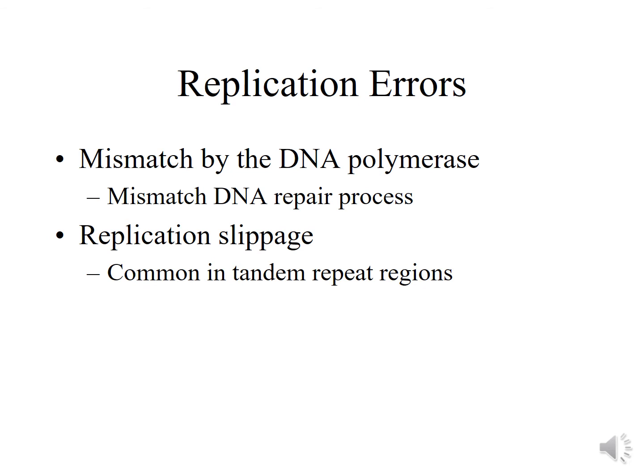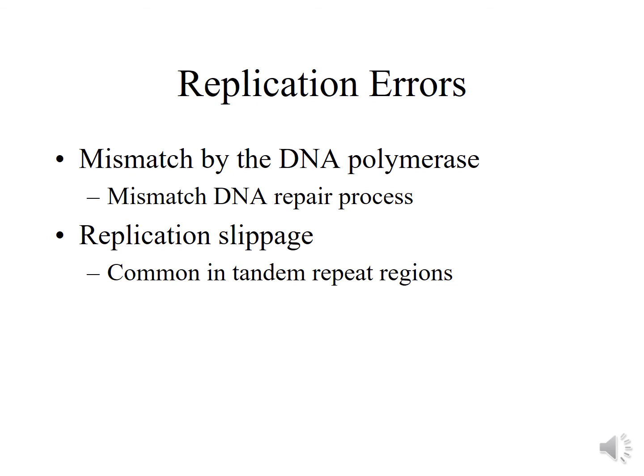In the majority of cases, however, there is a repair process in place to take care of mismatched DNA. So a mismatch by the DNA polymerase is taken care of through mismatch DNA repair. The majority of DNA polymerases engaged in replicating our DNA have an intrinsic 3' to 5' exonuclease activity with a proofreading function.